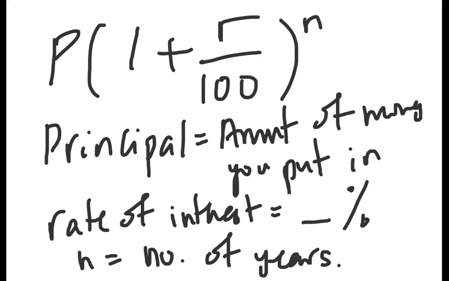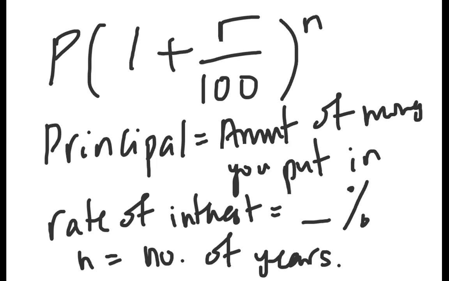Teacher, what if they use months? That's a very good question. What if they use months? Any ideas, guys? Use a fraction, because N is the number of years. So let's say we have 1 year, 2 years.